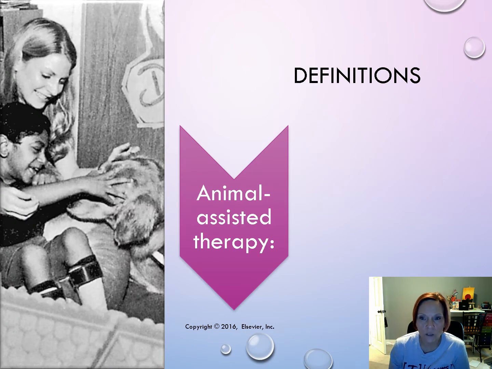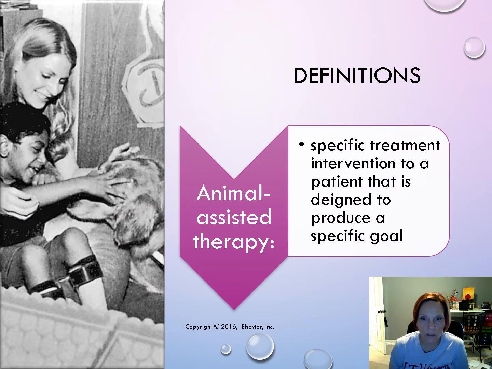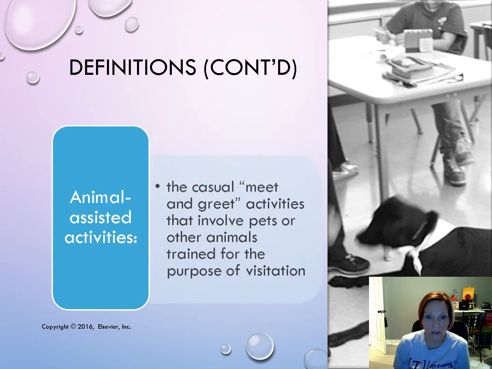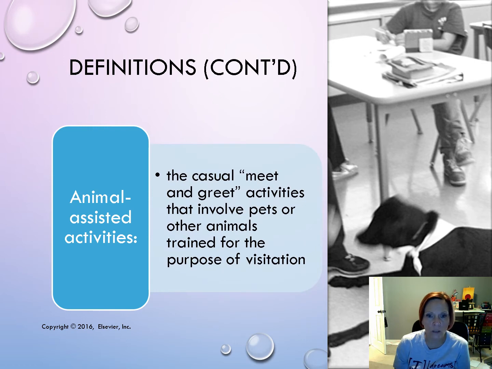So some definitions: animal-assisted therapy is a specific treatment intervention to a patient that is designed to produce a specific goal. Animal-assisted activities are casual meet and greet activities that involve pets or other animals trained for the purpose of visitation, such as going into nursing homes.